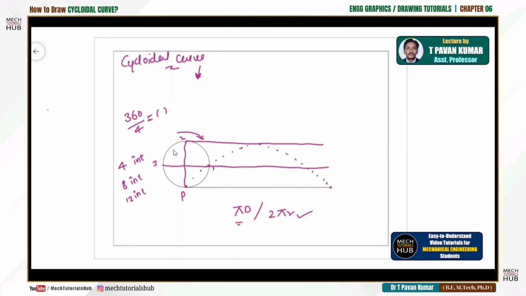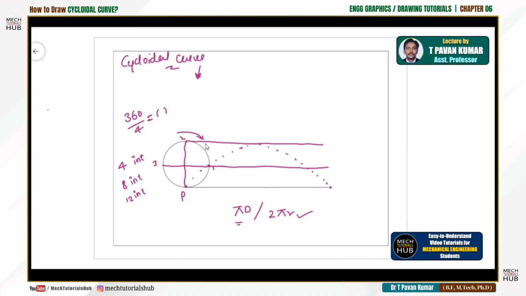If you divide this circle into 4 segments, you have to divide the directing line also into 4 segments. If you divide this circle into 8 segments, again this has to be divided into 8. If it is 12, this has to be divided into 12 segments accordingly. That is the thing that we do. I'll show you in another slide with clear understanding.